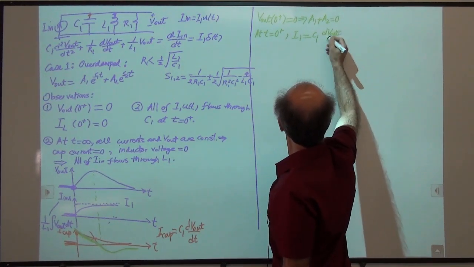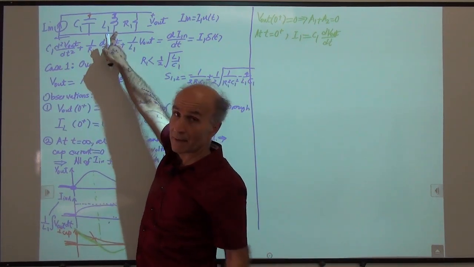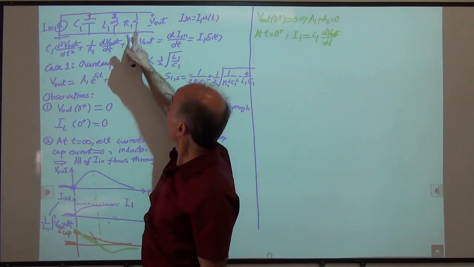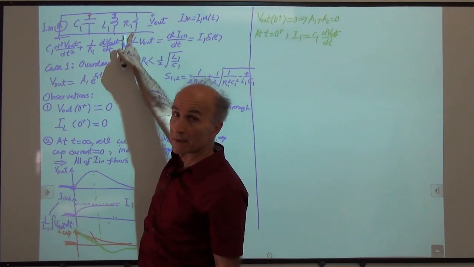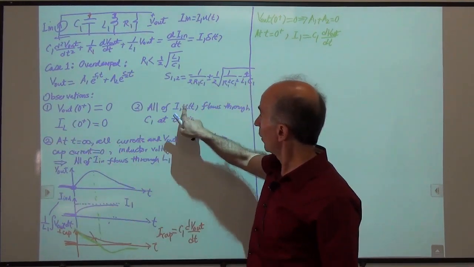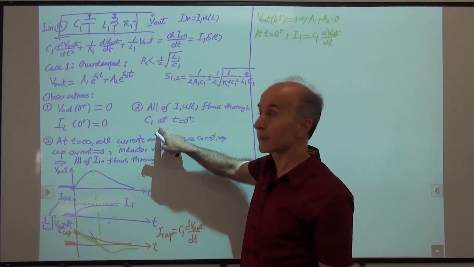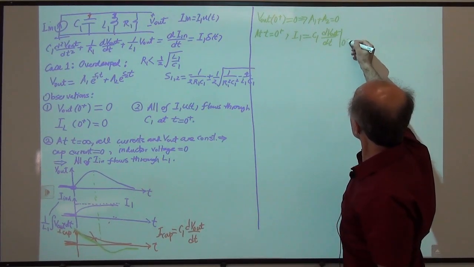That's the current through the cap. We have no current through the inductor at 0 plus. Okay? And we have no current through the resistor. Why? Because this voltage is still 0. So remember, because this voltage is 0, all of the current has to flow through C1. So that's all we have. This is at 0 plus.